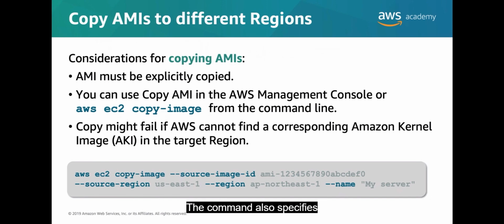The command also specifies the name to assign to the AMI that will be created. The storage type of the AMI does not matter to the copy image command. You can copy AMIs backed by Amazon Elastic Block Store and AMIs backed by instance stores. For more information, search for copying AMIs in the AWS documentation.